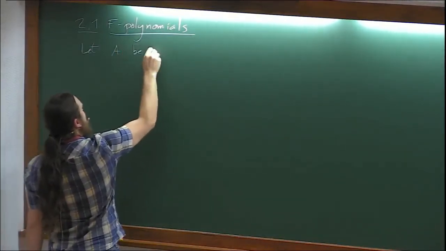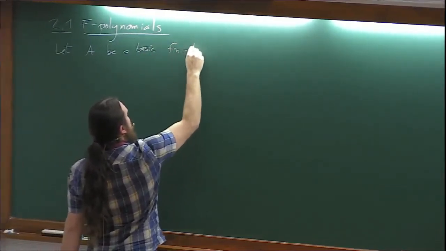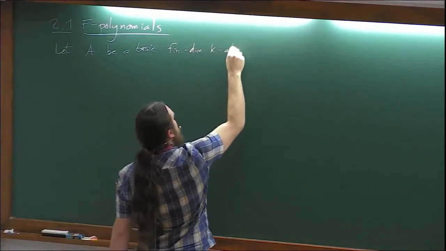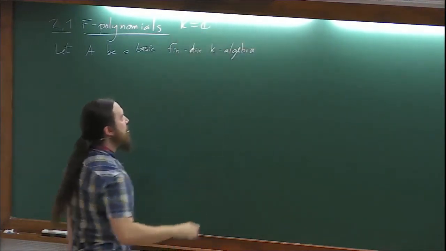A be a basic finite dimensional K algebra, and from now on K is always the field of complex numbers.